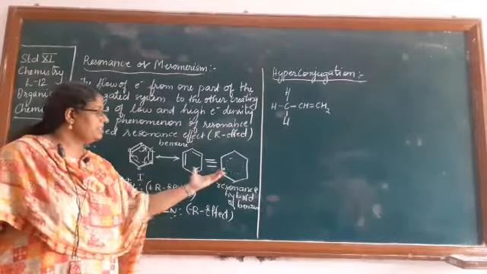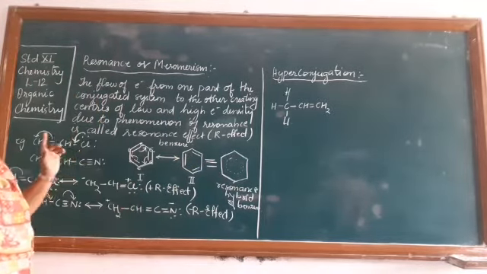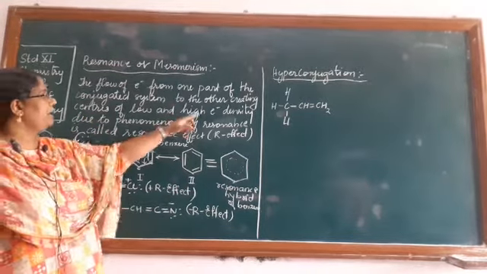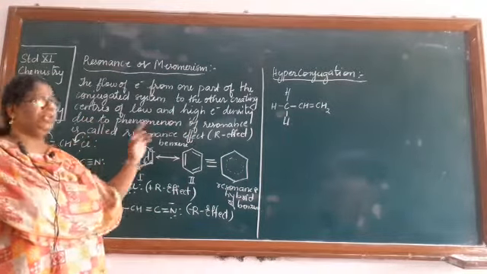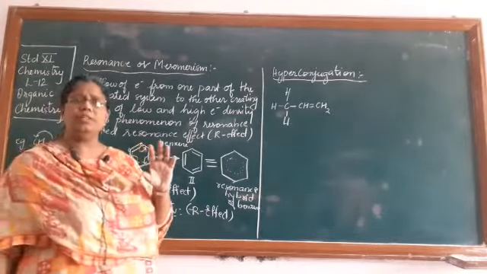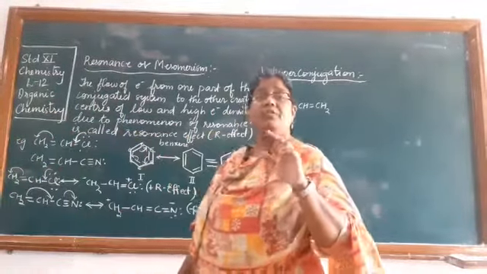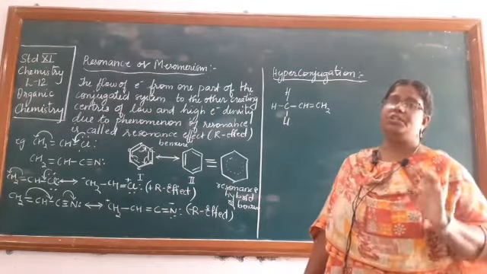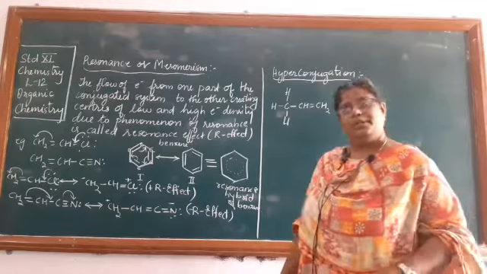What we are saying is the resonance phenomenon, centers of low and high electron density due to resonance. So resonance, in a simple way, you can understand as the flow of electrons from the region of higher electron density to the region of lower electron density.